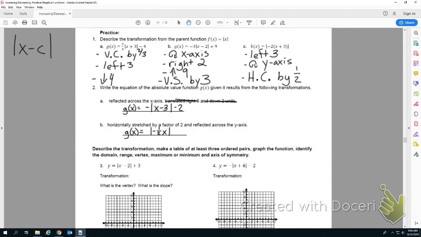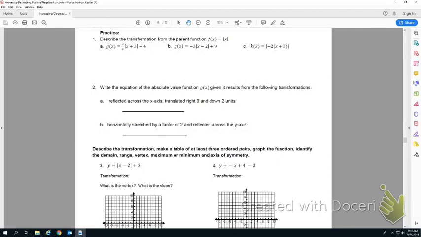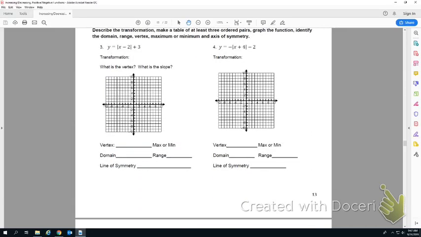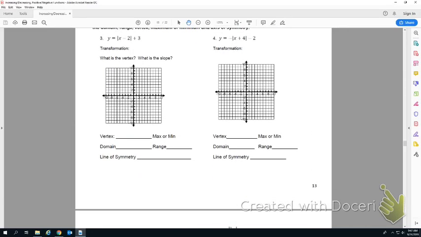All right, let's go on to the graphs. We're just going to jump to number 4. Okay, so on that one, Jeremiah, what's the transformation? It goes right 4. Left 4.